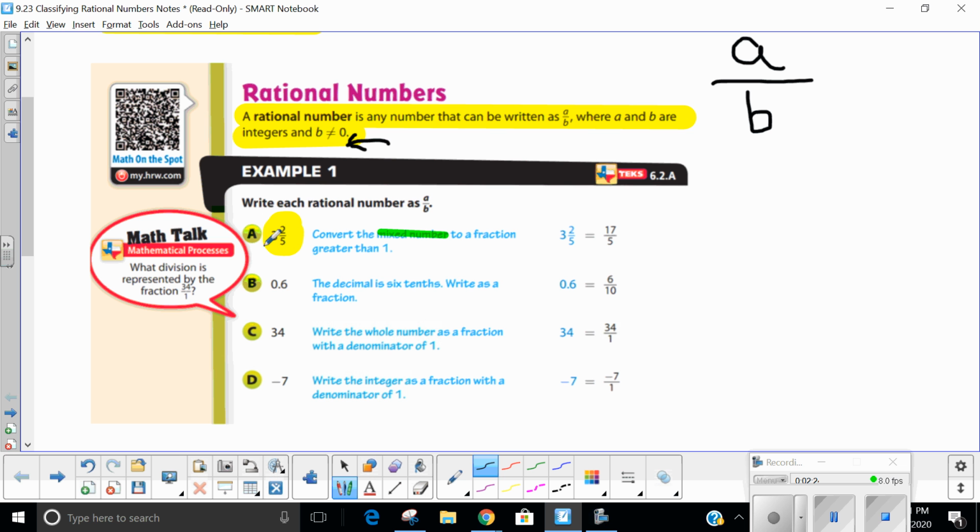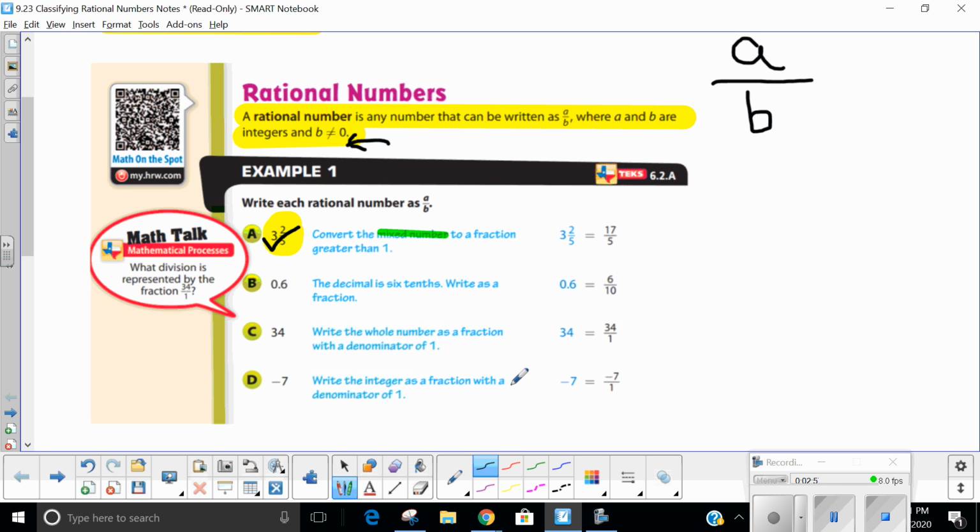So for instance, for the check method, we take a check mark like this, and we separate our numbers. We're going to take the 5 and multiply it times the number in front. So we're going to say 5 times 3, and then add whatever that equals to 2, and that's going to give us our new numerator.